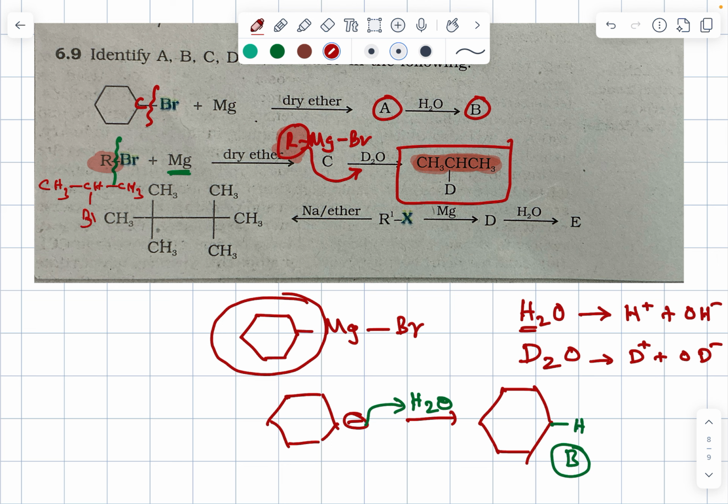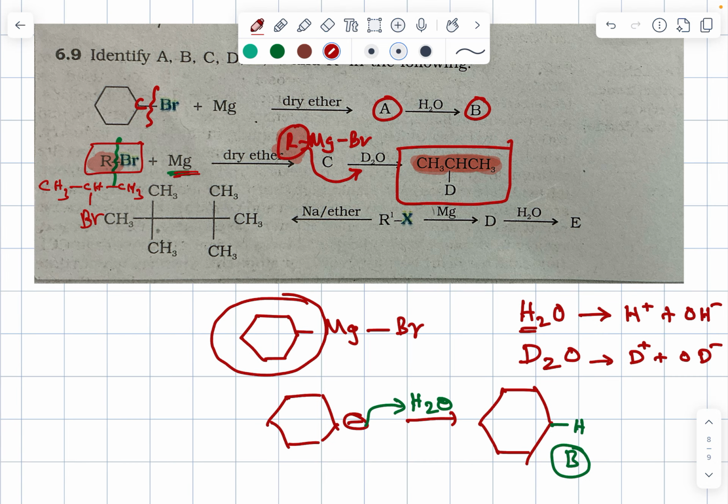So what is the name of the compound? It's a 2-bromopropane system. The 2-bromopropane system is attached with the magnesium. This type of Grignard reagent, CH3 CH CH3 MgBr, I am going to get.